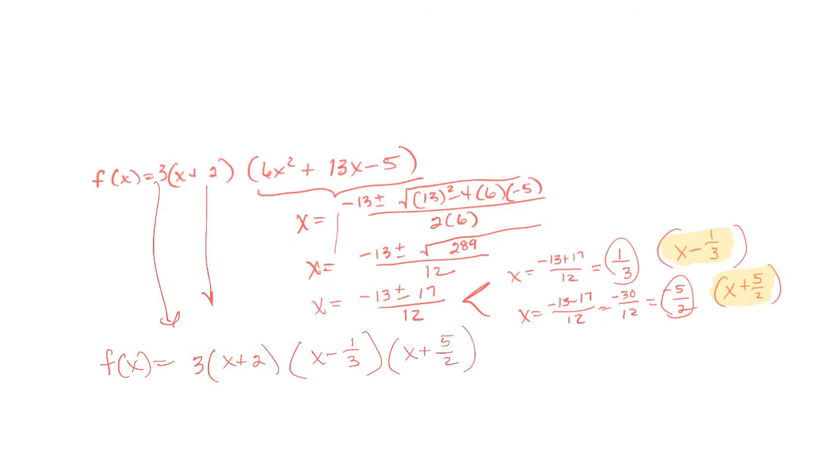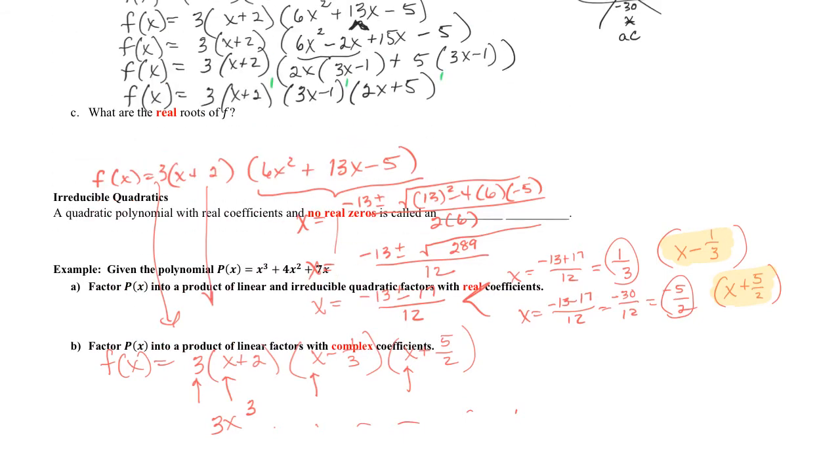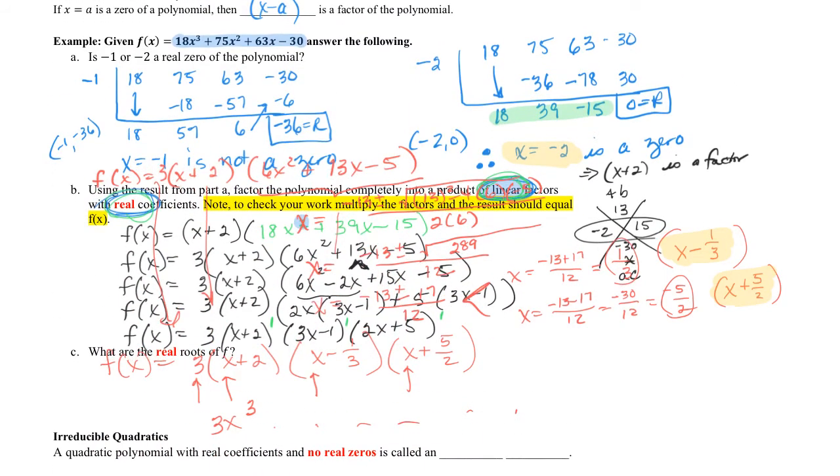Okay, you can see if I checked my work and I multiplied everything out here, so let's assume I just multiplied the first terms. So 3 times x times x times x, that would be 3x cubed. And then I would do the rest of it as well. Well, look at the first term in the original polynomial. I should come back to the original polynomial. Well, the first term is 18x cubed. Okay, that doesn't agree.